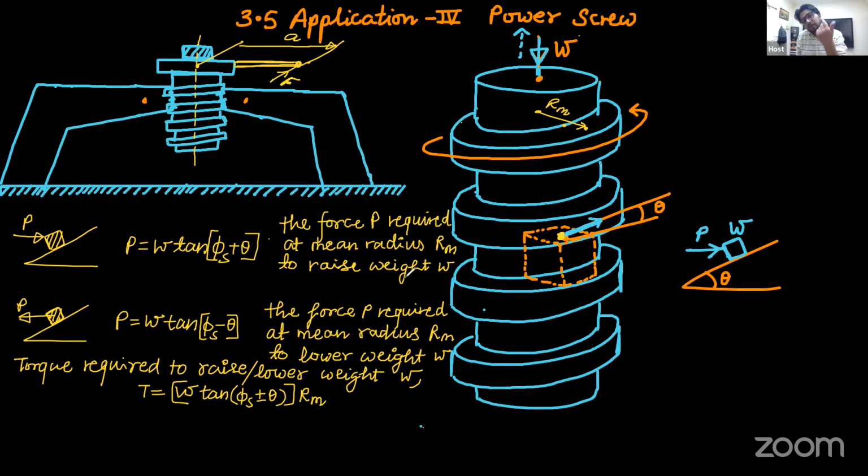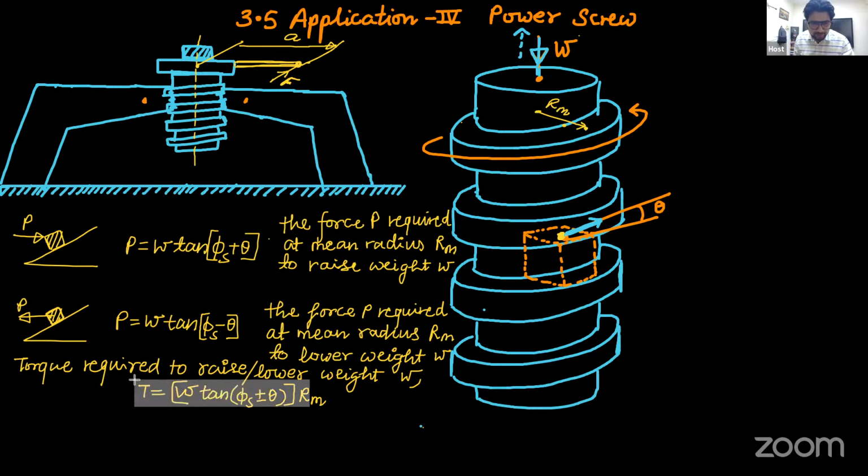Then the torque that you produce about the center is F into a, and the torque that was required was W tan(phi_s plus or minus theta). The torque applied is F multiplied by a.